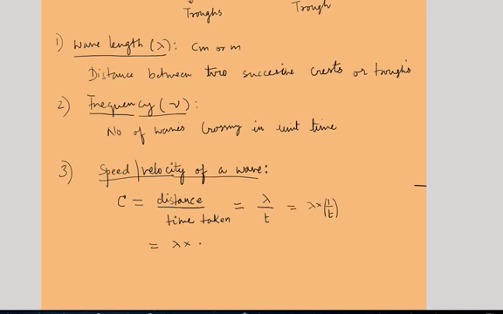That means this is the amount of time taken for a particular number of waves to cross at a particular point. So I can write that as nu. So it implies c is equal to nu lambda. This is a very important formula we will be using.